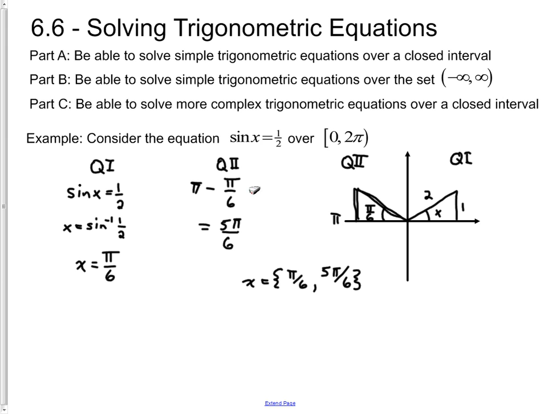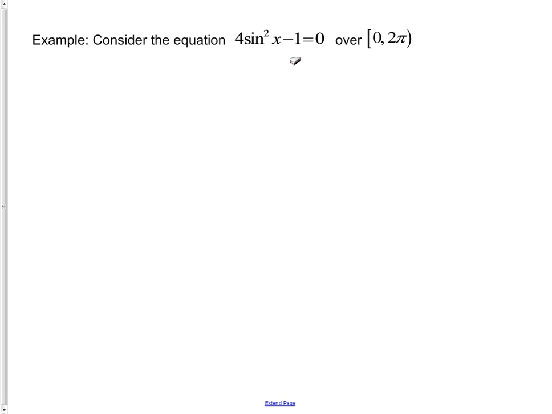Well, that's very straightforward. And if we have a nice basic equation, all we're really doing is stepping back to the same kind of thing that we've been doing all along. But what makes this section a little bit more interesting is that we start getting equations that look kind of like this one. 4 sine squared x minus 1 is equal to 0. What could we say about it?